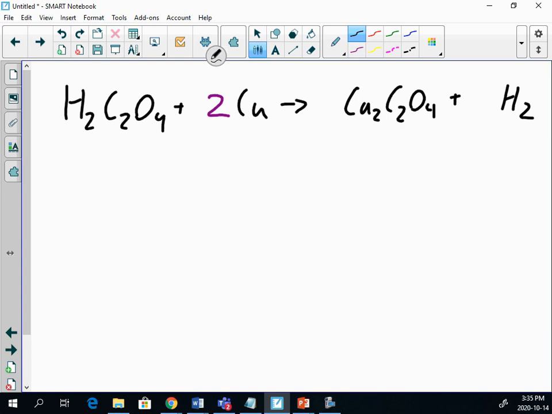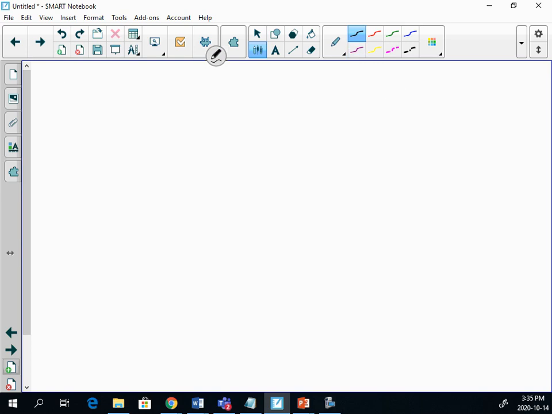The next one I put in as a bit of a curiosity. The actual balancing isn't that tough. The situation that I have is another acid attacking a metal here. But in this case, the acid is actually water. And in some situations, including this one, water will behave as a very mild acid.